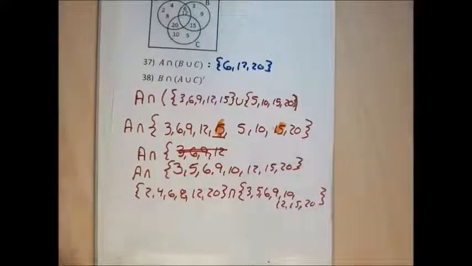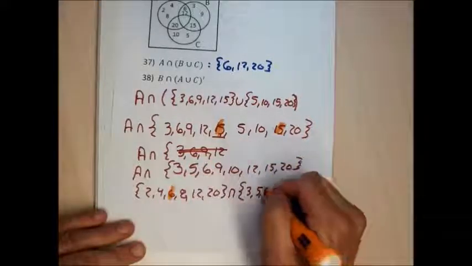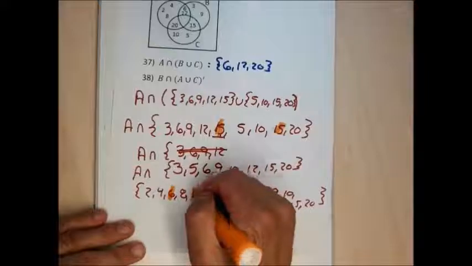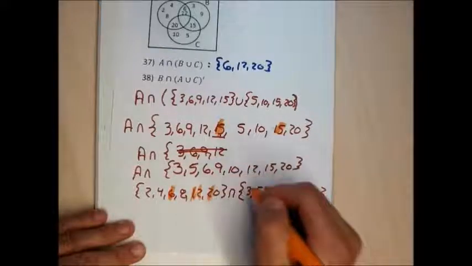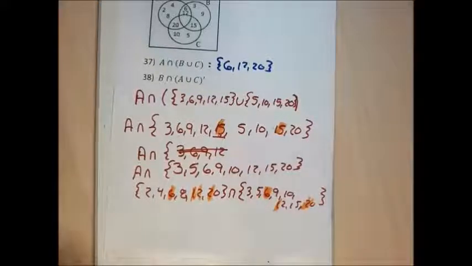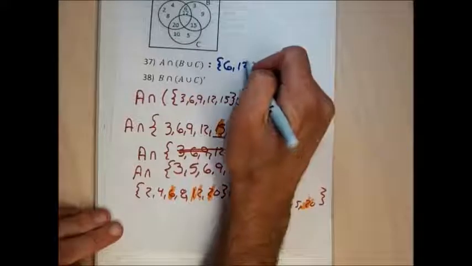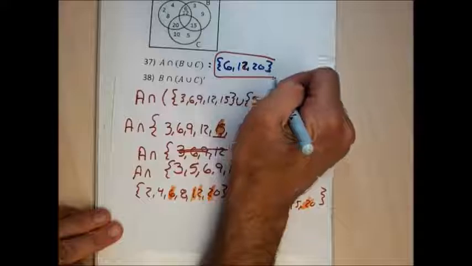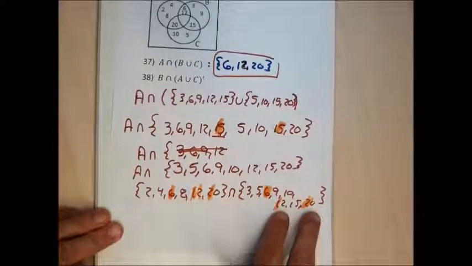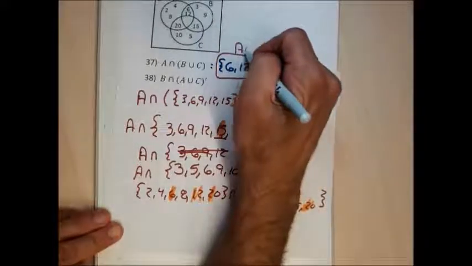And when I intersect two sets, I write what they have in common. Both of these sets have the number 6. Both of these sets have the number 12. Both of these sets have the number 20. They don't have anything else in common. And the answer to problem 37 is 6, 12, and 20 that these two sets have in common.